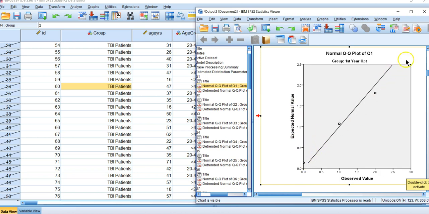And if this relationship is linear, then a 1 unit shift down here will be equal to a 1 unit shift here, and that's anywhere along the line. And so we can say that our data is approximately interval. Now, to the extent that these little dots don't fall on this line, we are deviating from normal.